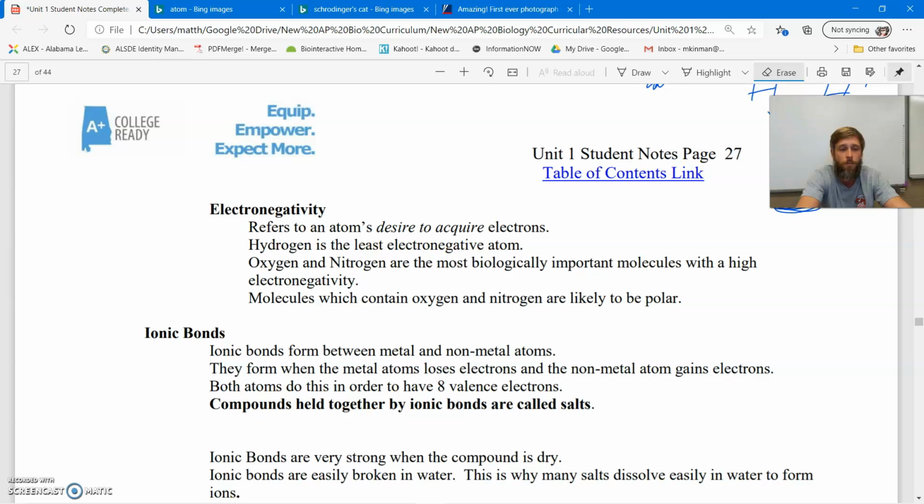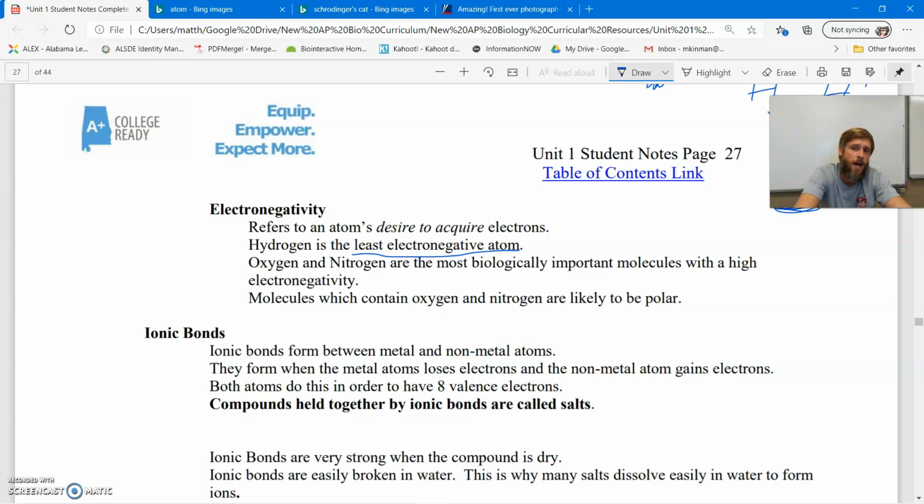So we're going to talk about oxygen and nitrogen a lot. They really badly want to take electrons, and that is a good thing because elements like hydrogen are very less electronegative. Actually, hydrogen, as it says here, is the least electronegative element on the periodic table and in biology.